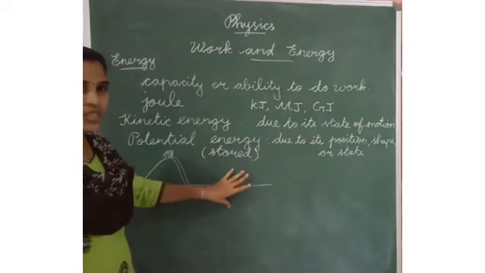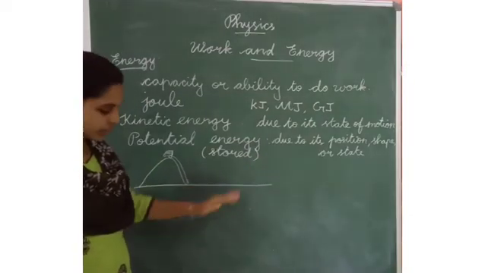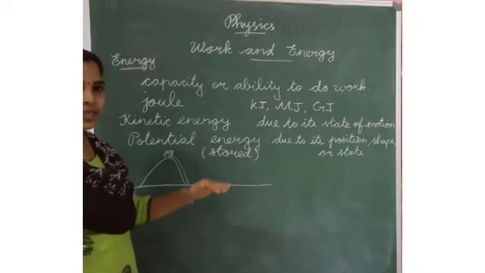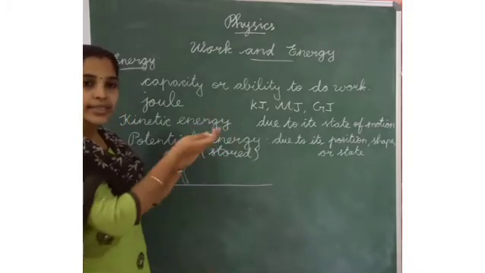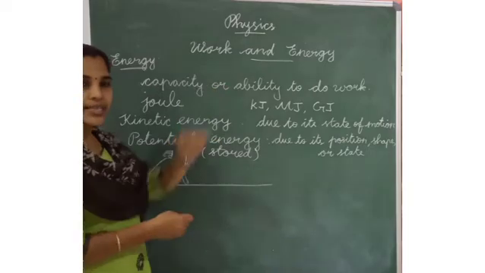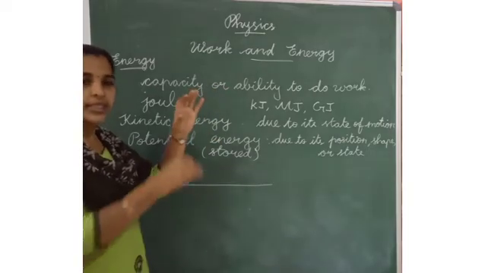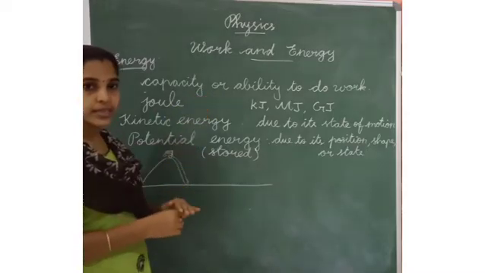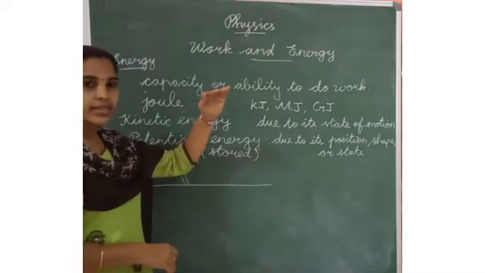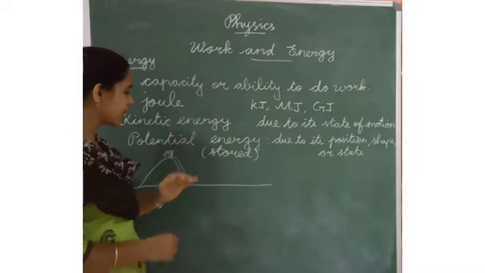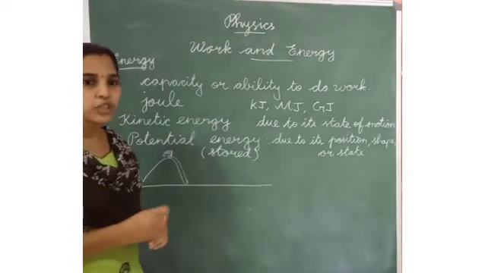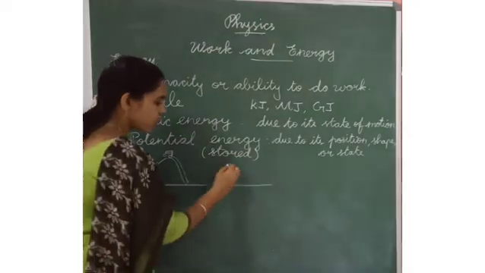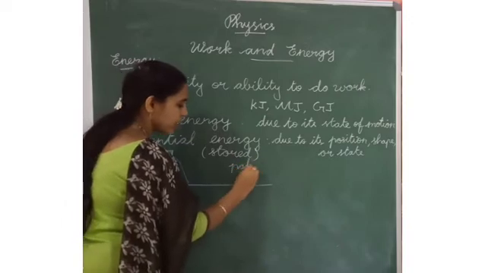The board is fixed on the wall, so it has a height. The book is on the table, from the ground it has some height. The water is stored in the dam, from the ground level it has height. So that is called stored potential energy.